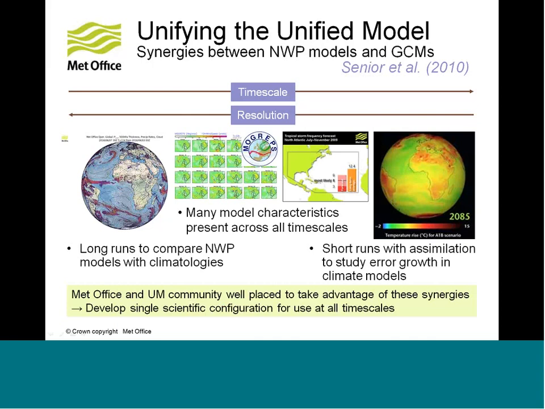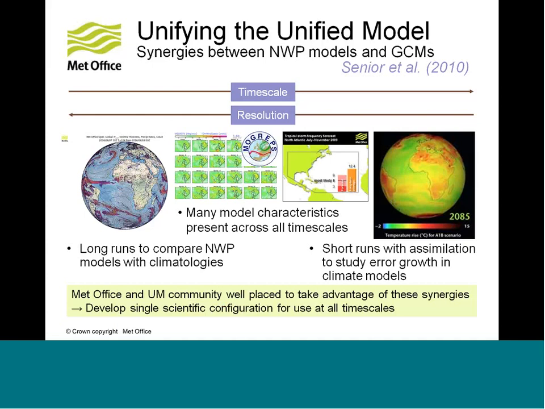But until fairly recently, 5 years ago or so, we had separate teams that pulled together the final configurations and made them operational. Those teams on the climate and weather side would try and work together to make sure that major parameterizations that provided benefit in one could be pulled through to another. But this sometimes caused difficulties. If something had already gone into one model and caused problems in the other, it caused a tension, and it would take a reasonable amount of time to resolve.